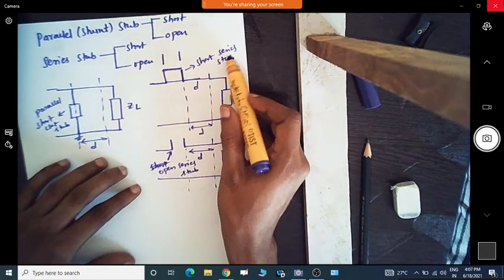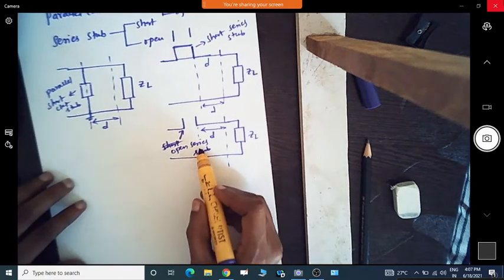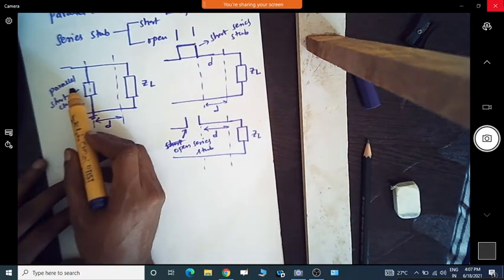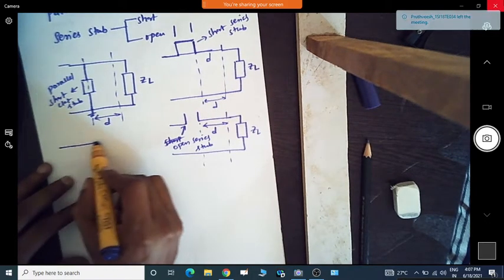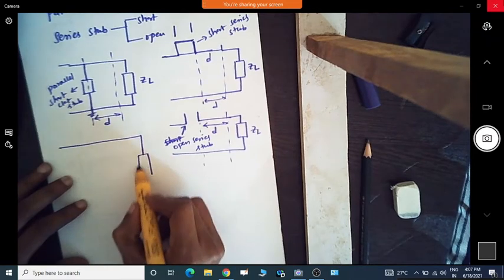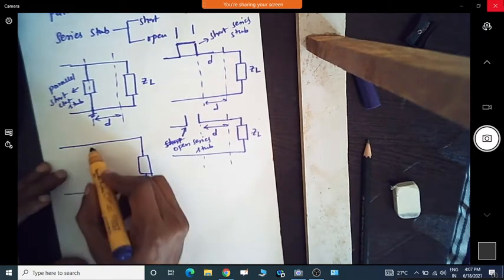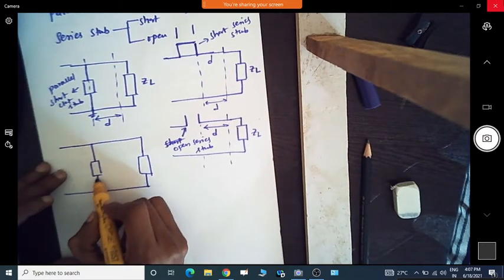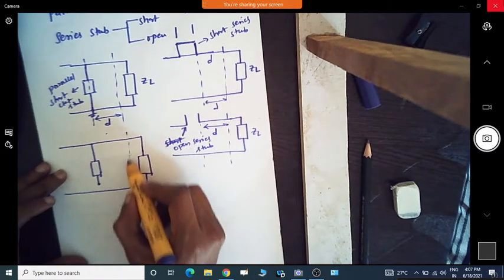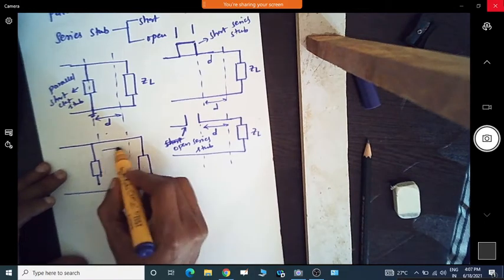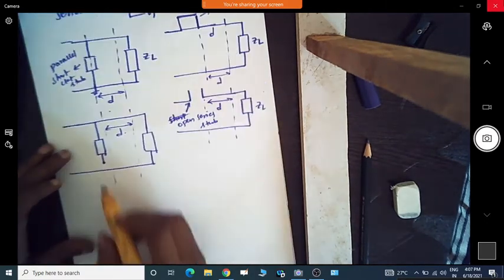So this is short series stub and this is open series stub, and this is a parallel or shunt stub, and one more, it is open. So this is an open parallel stub. So this is open only. So now we can have the distance d. So these are the four types which are there.